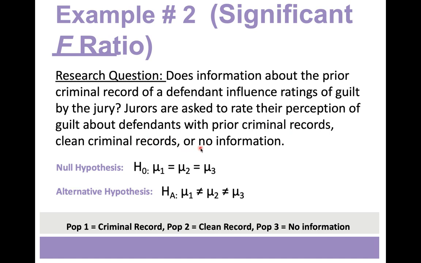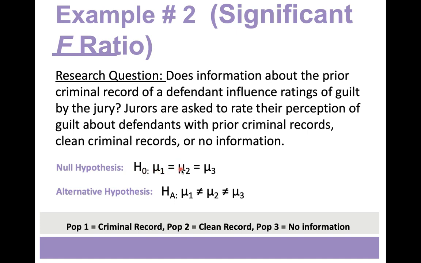So this lends itself to a one-way ANOVA because we have 3 groups. We have prior criminal record, clean criminal record, and a group of people about which we know nothing, no information. That's our control group, so to speak. Just as before, our null hypothesis is that all 3 of these groups are equal, right?